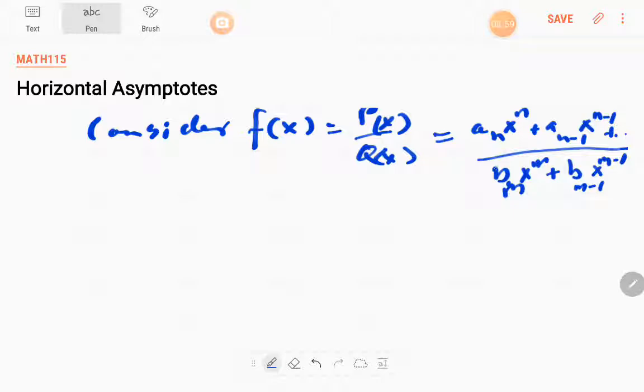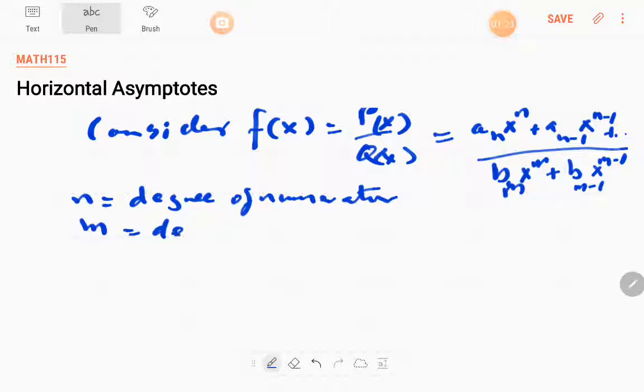where n would be the degree of our numerator and m would be the degree. So n is the degree of the numerator and m is the degree of the denominator.